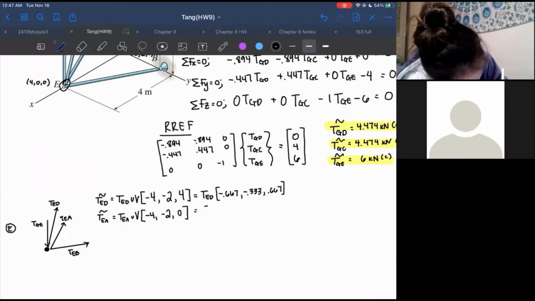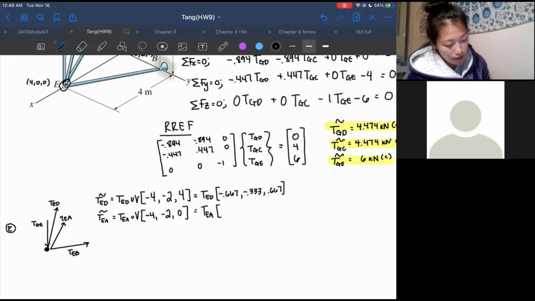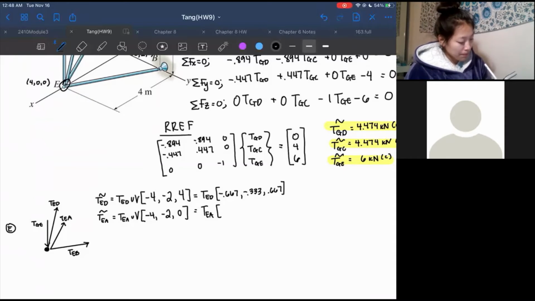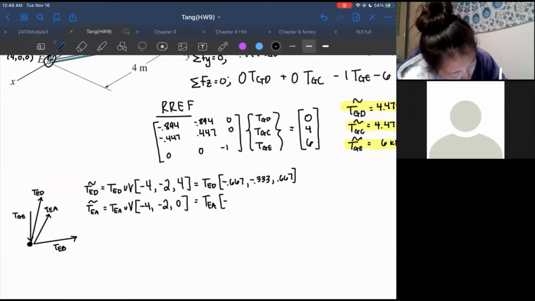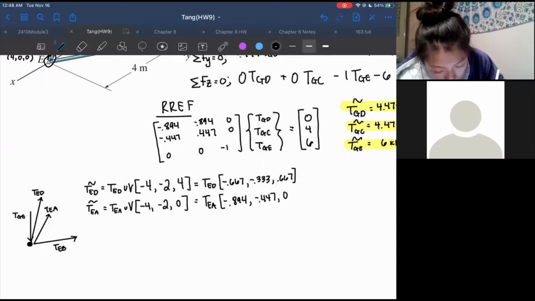And that'll be TEA, unitized vector of that. All right, and then I got negative 0.894, negative 0.447, and 0.